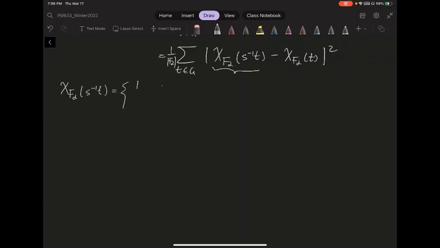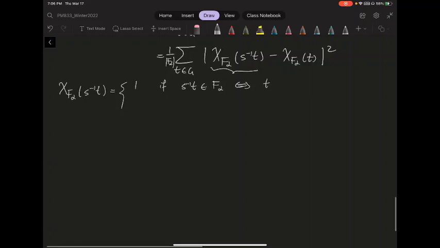It's 1 if s inverse t is inside F alpha, but that's if and only if t, where t is the variable and s is fixed, is in the left translation of your F alpha. It's 0 if t is not in s F alpha. So this is the characteristic function of the left translation by s of F alpha, evaluated at t, of course.